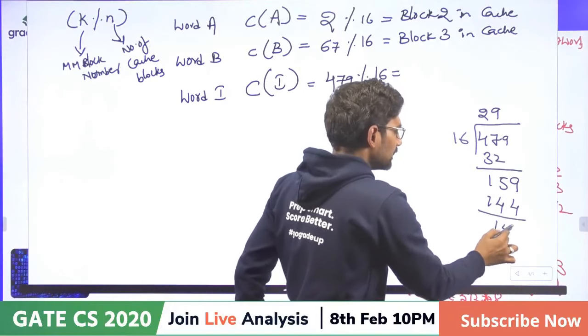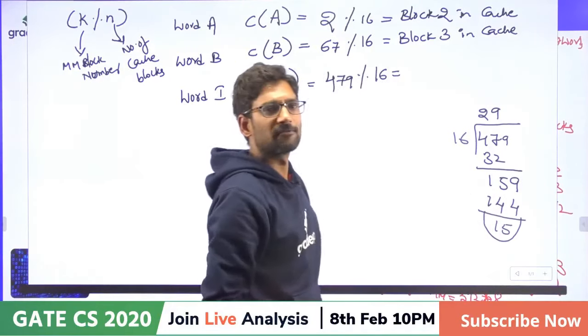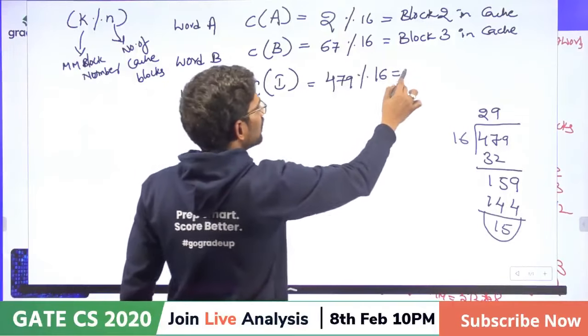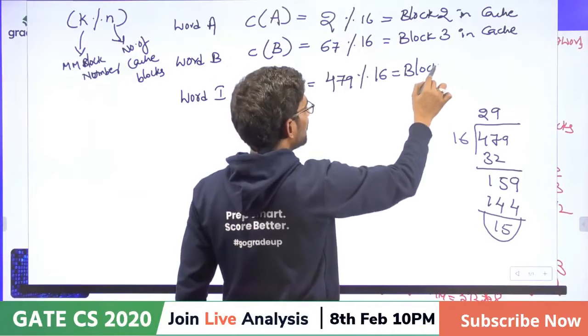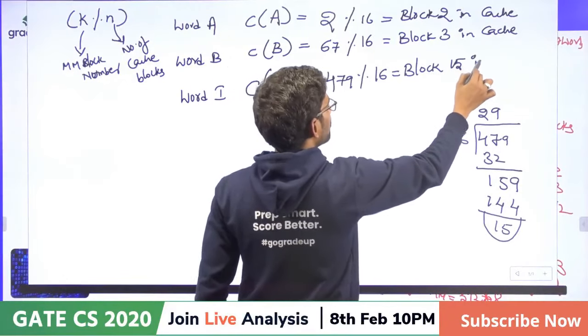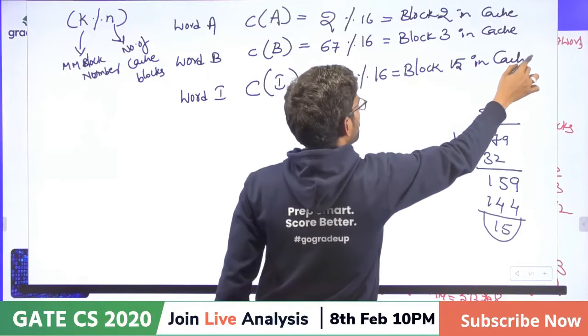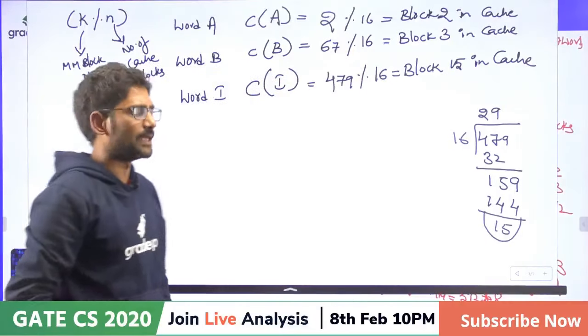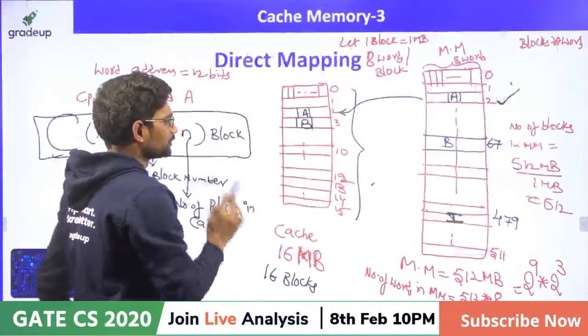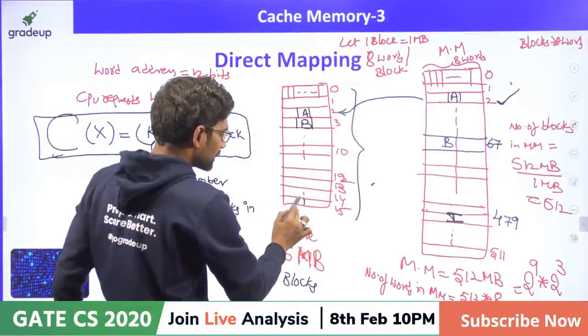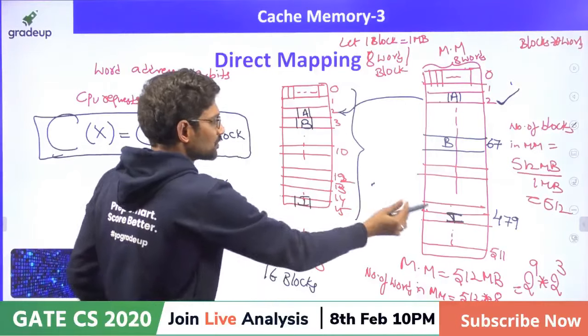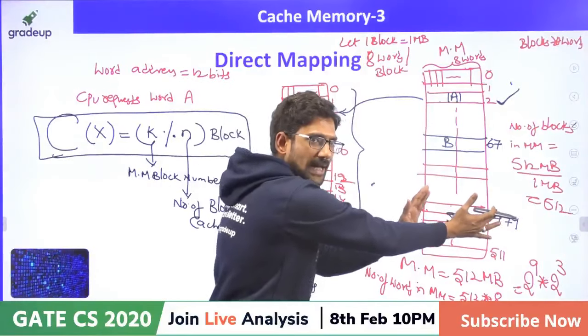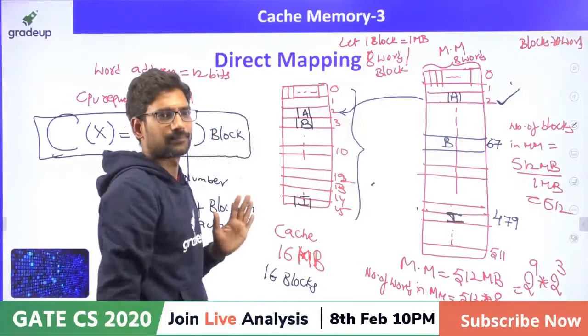What is the remainder? 15. So block 15 is where I should be placed. So this complete block gets copied here as it is.